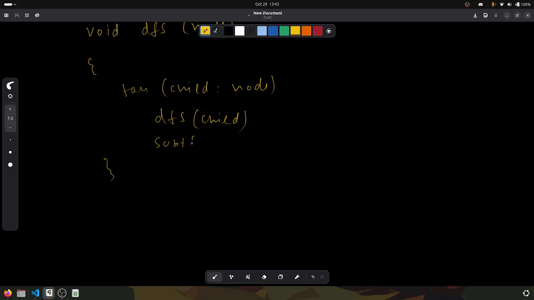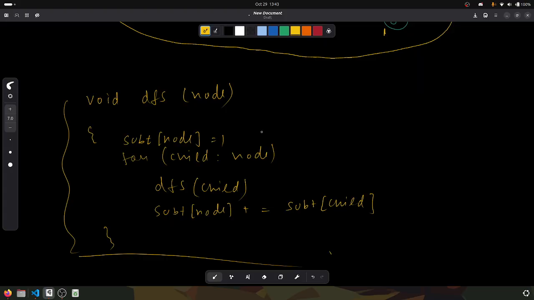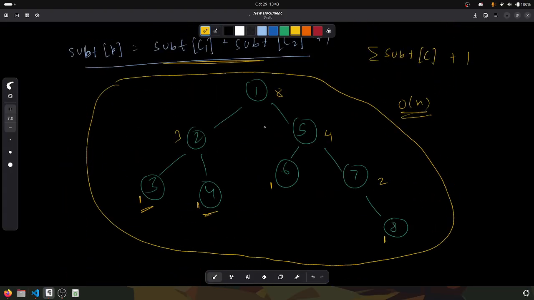So subtree of node will be plus equal to subtree of child, and subtree of node initially will have 1 element. So this simple code will give us the count of nodes in each subtree.